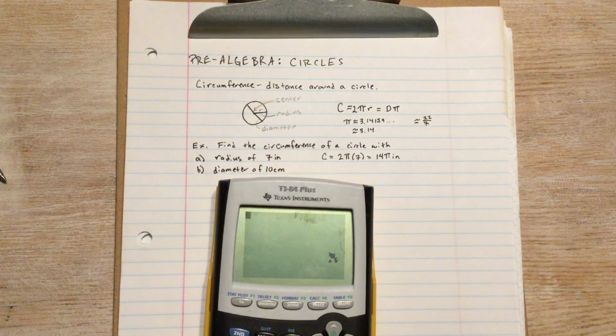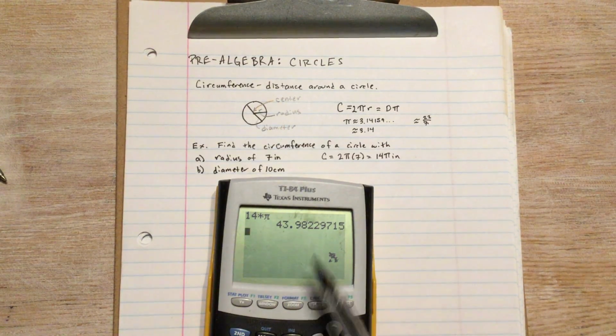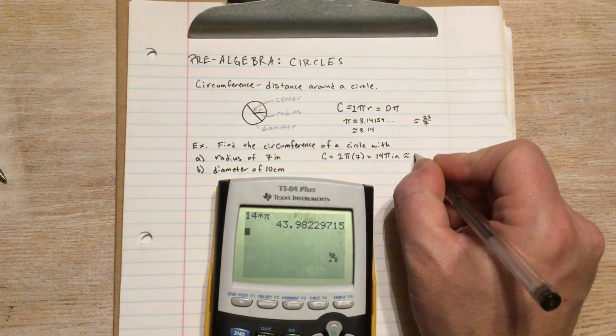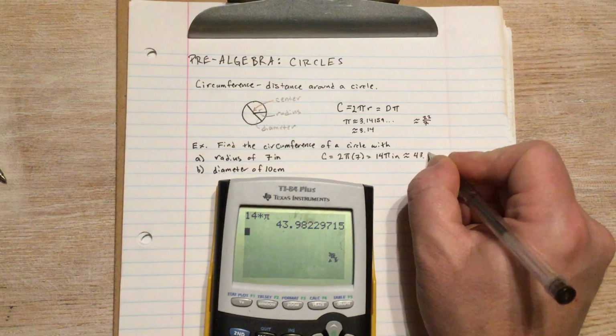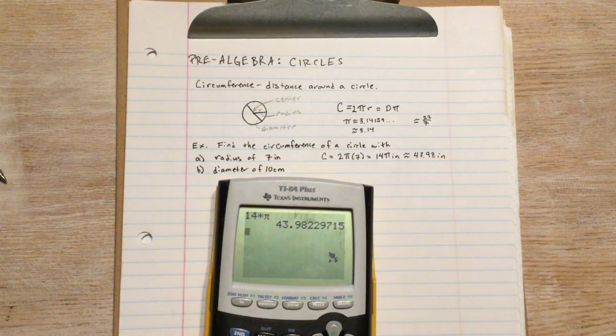So I will go 14 times pi, and I'm using one of these fancy calculators. If you get the pi symbol just like this, hit enter, 43.9822, etc. It goes on. And so we put approximately equals 43.98. Make sure you get your unit in there, and that is inches.